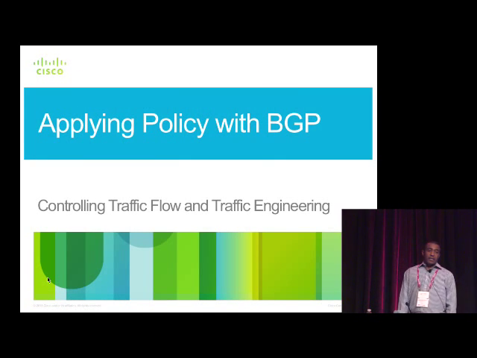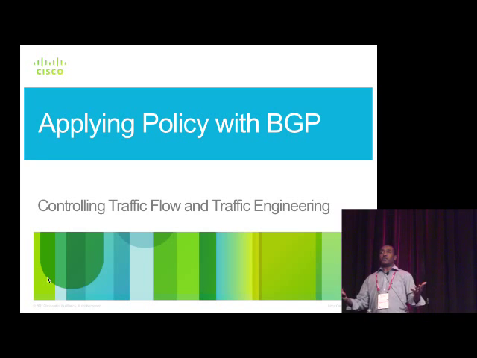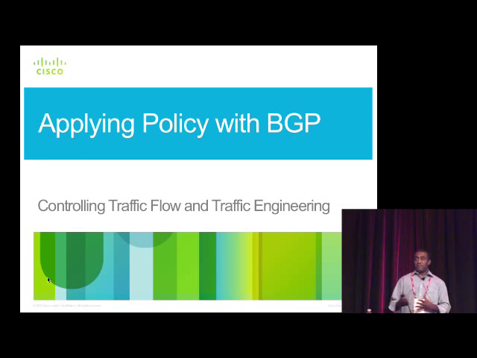Okay. So applying policy. Why do we apply policy? One, we want to block some prefixes that we don't want to receive, and some prefixes that we don't want to advertise. Second, we want to influence traffic, traffic engineering, how traffic flows.